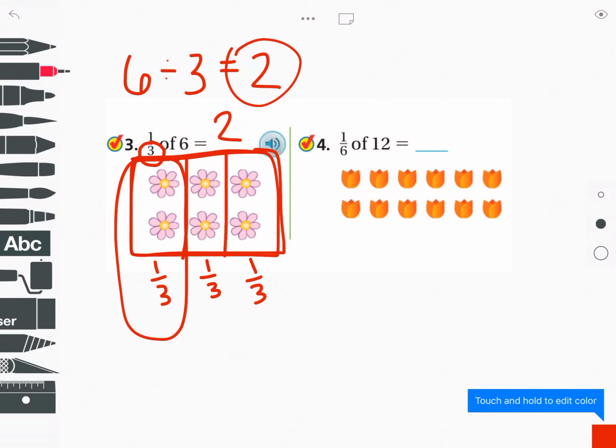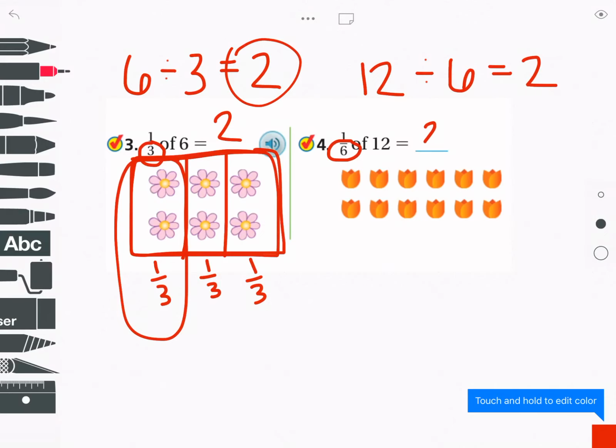All right, last problem. This time we have 12 as the whole, and we're splitting it into how many groups? Look at the denominator. This is 6ths, so we're going to be splitting it into 6 groups. Well, you should know that 12 split into 6 groups would equal 2 automatically.